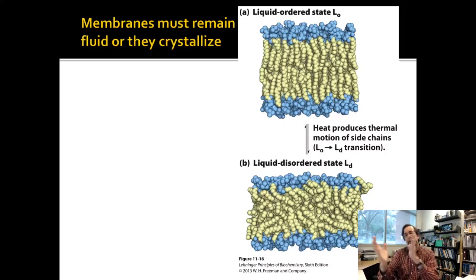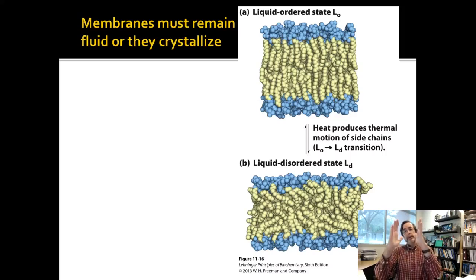You have to have the lipids be able to flow past each other for life to be able to respond to its environment. Otherwise, it's just like a solid between life and its environment, and it's not able to respond. If a membrane gets too cold, then it will basically freeze up. It'll literally become a solid lipid state, like a solid lipid rather than a liquid lipid, and then life will not work anymore.